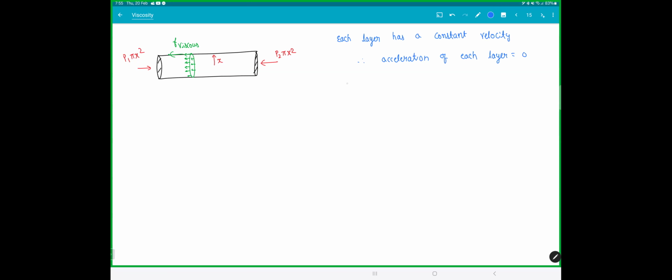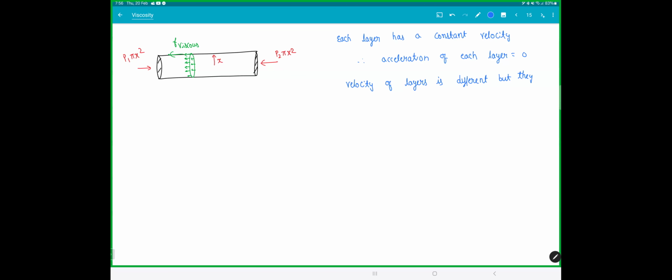So here, the velocity of layers is different, but they don't change with time. Are you getting the difference? They change with position, but they don't change with time. And what is acceleration? dv by dt. Is that making sense?